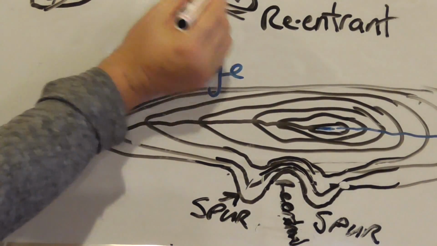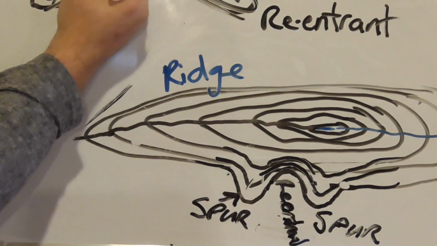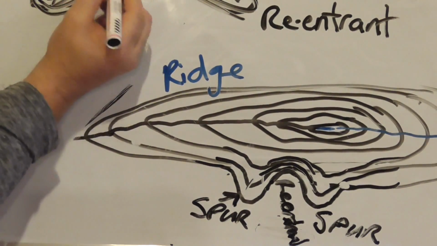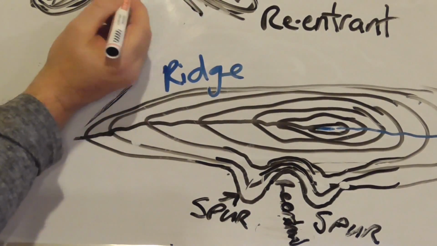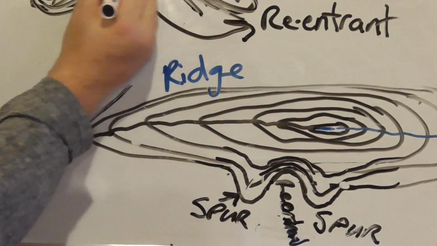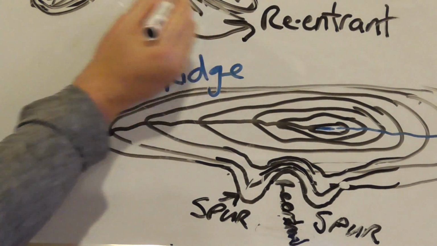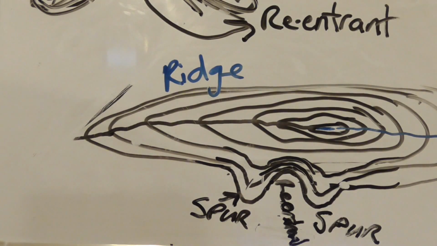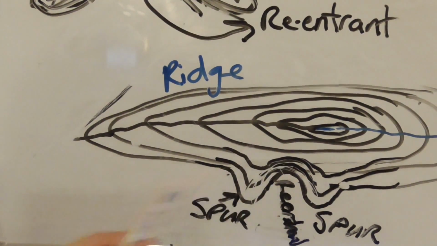So there's our one spur line coming off the feature, another spur line coming off the feature, and in the middle here is what we call a reentrant. That part in there. All this part coming up in here is a reentrant. Okay, so in between two spur lines, in between two spurs, is a reentrant.